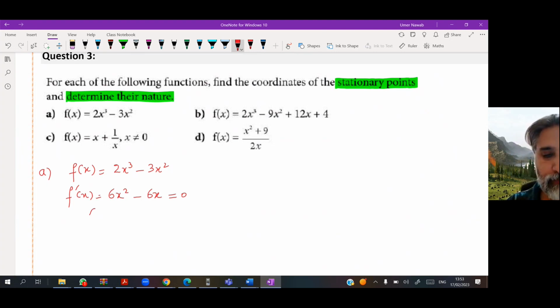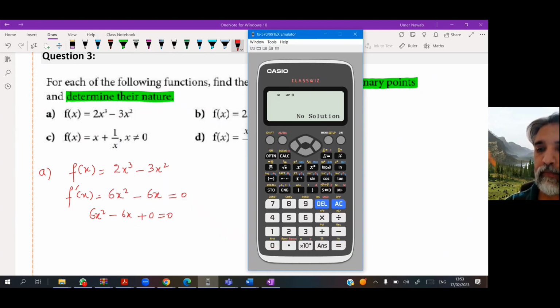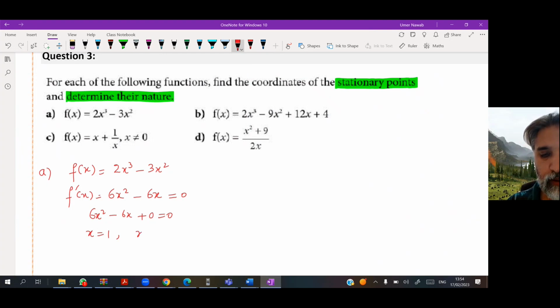You can solve it with the help of a calculator. 6, minus 6 and 0. So 1 and 0. So we got x equals 1 and x equals 0.